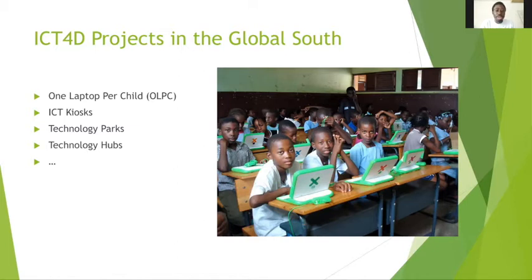I'm sure some of the people from Ghana may remember things like these, a very long time ago, where people brought all kinds of containers with computers and stuff like that. And for some reason, most of these projects never really worked too well. Some of them to some extent, at least One Laptop per Child worked to some degree.